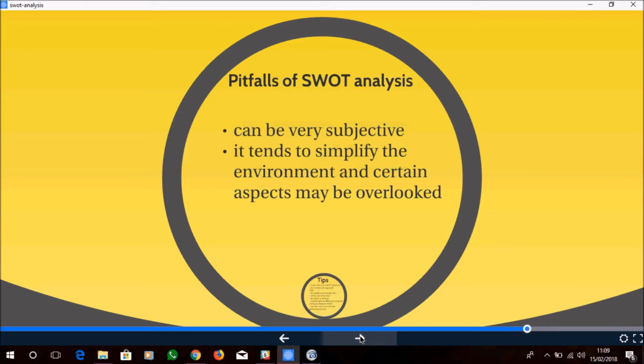We should keep in mind during the entire process that the SWOT analysis can be very subjective, and that two people rarely come up with the same SWOT. Try to be as objective as possible, and try not to disguise weaknesses. This is one of the major pitfalls of the SWOT analysis.